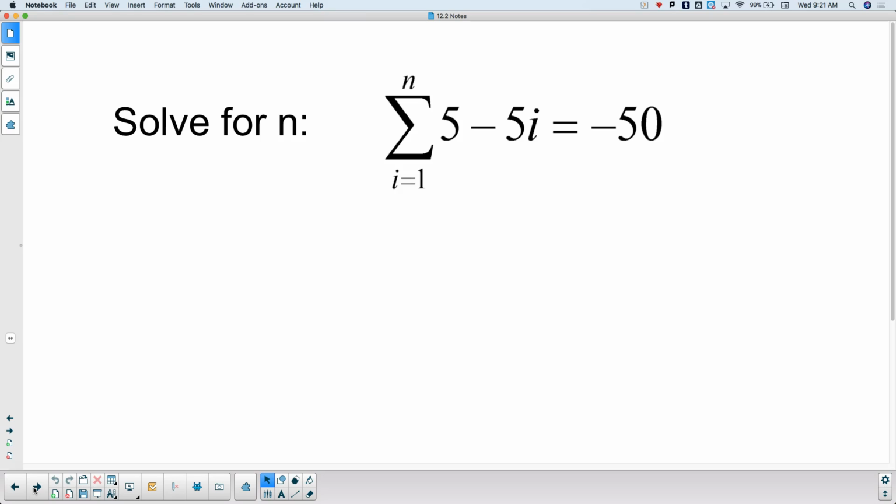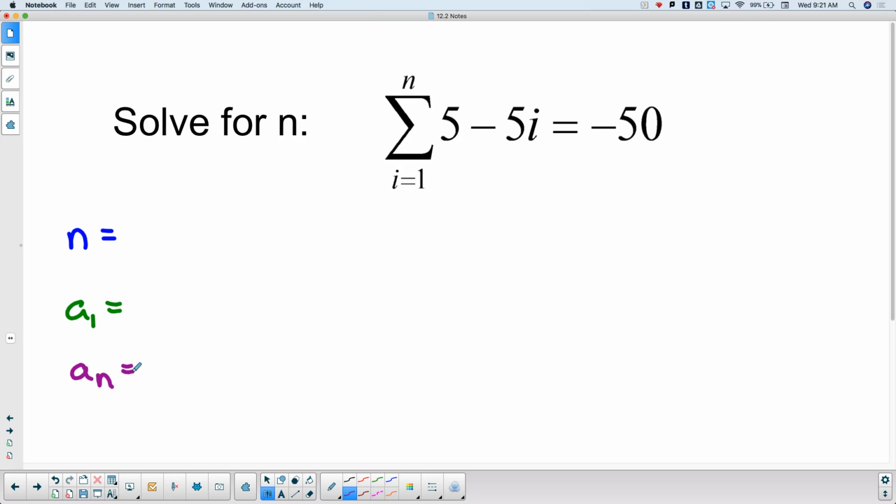So what are the 3 things that you need for a sum? You need the number of terms, the first term, and the last term. You need those 3 things in order to make the sum. Give me one of those 3.